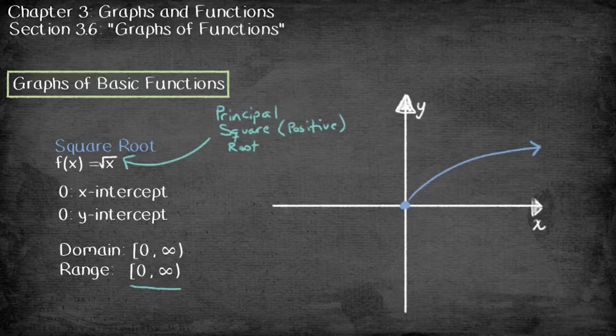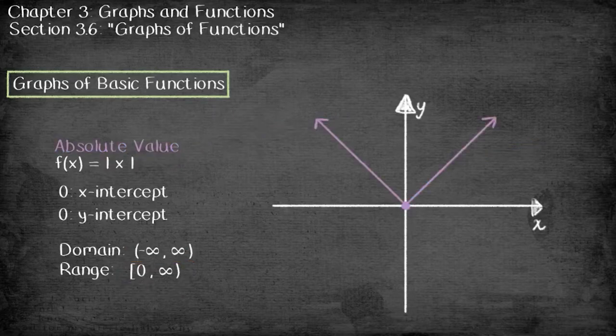That's why the range only consists of non-negative numbers. And the domain is 0 to infinity, just for the fact that we can't take square roots of negative numbers, right? If I had -1 under the square root, I would need a number that when squared gives me -1. And there is no such real number.